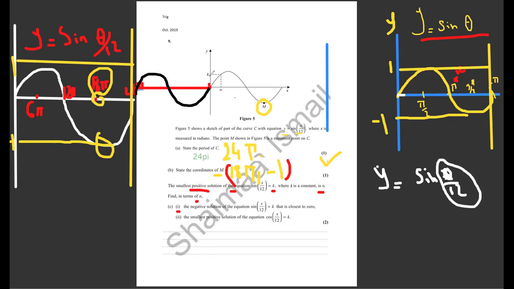We have to extend this with a line and get down like this. So he needs exactly this point.